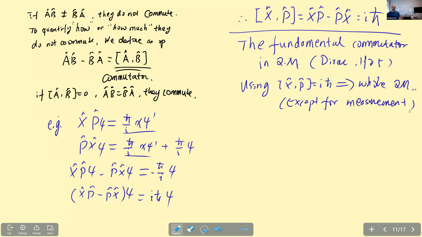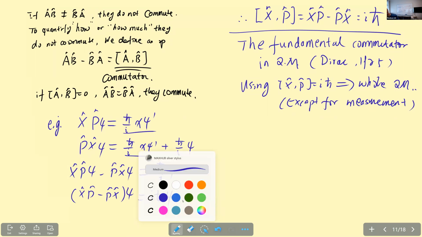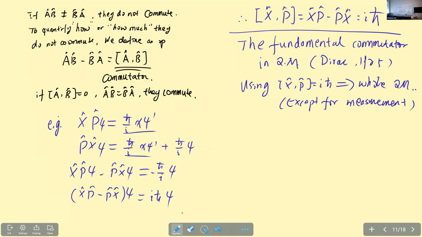So that means from Schrodinger equation, we kind of derive this one, right? From Schrodinger equation, so to the operators.